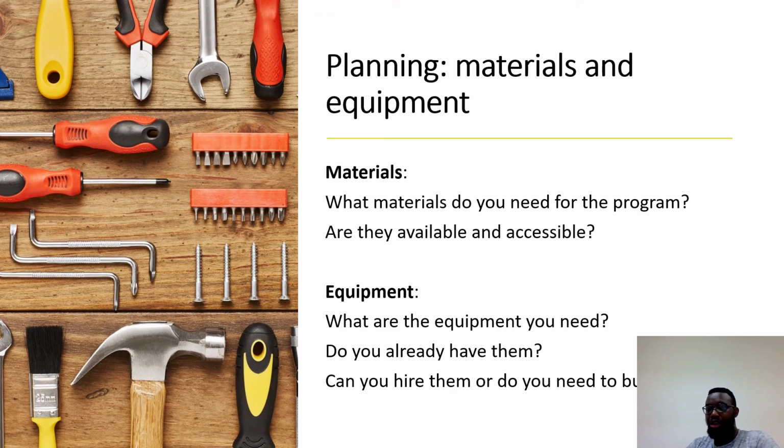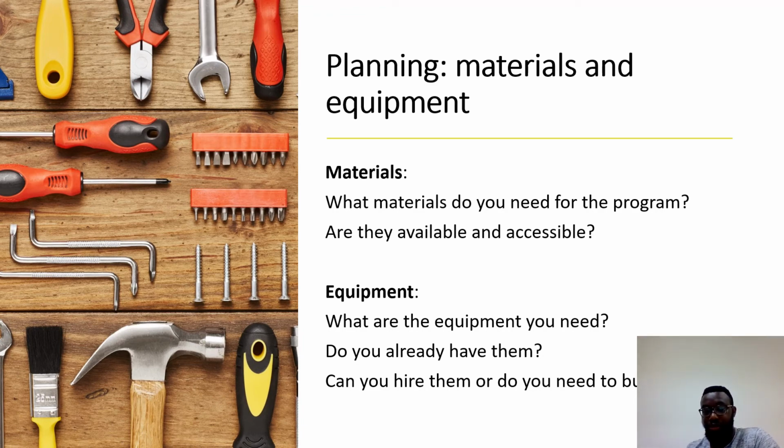Okay, so if your priority is educational, you will see that the materials you will need to execute a program that is education-based will be different from the materials you will need to execute a program that is intervention-based. Okay, and then you ask yourself about the availability and the accessibility of these materials.